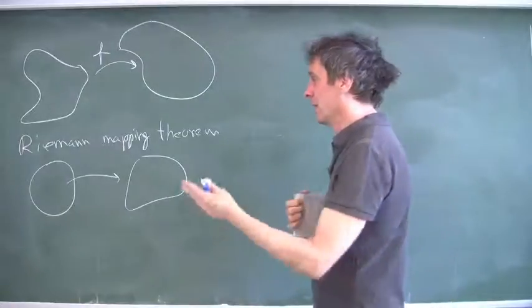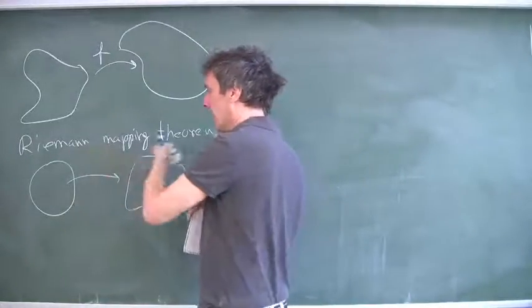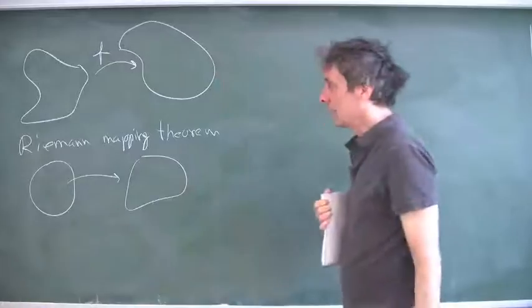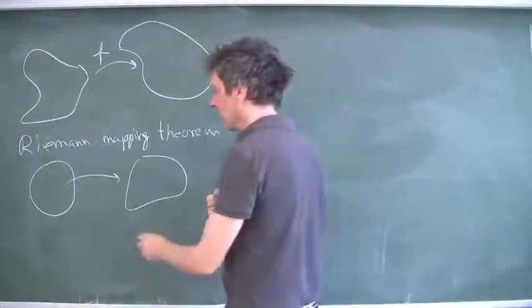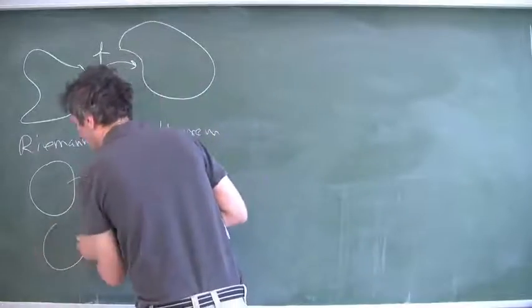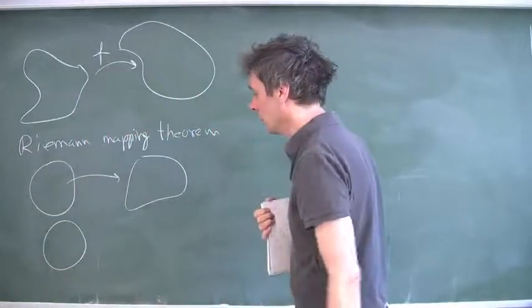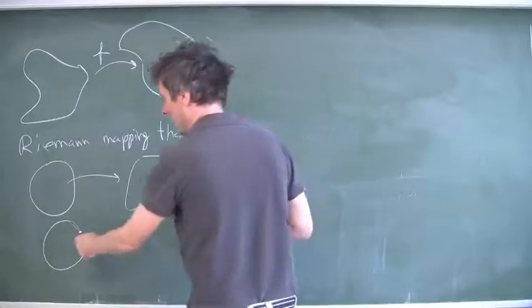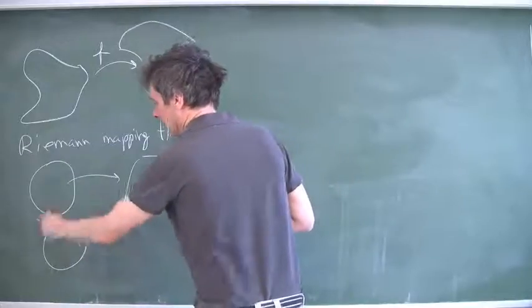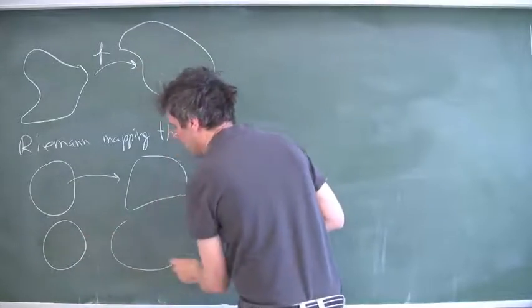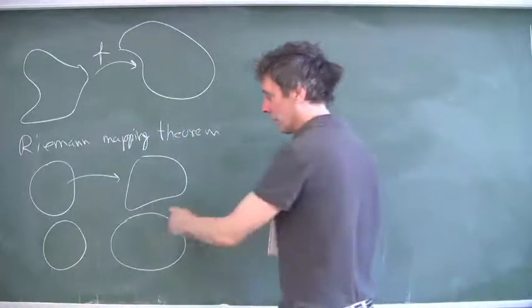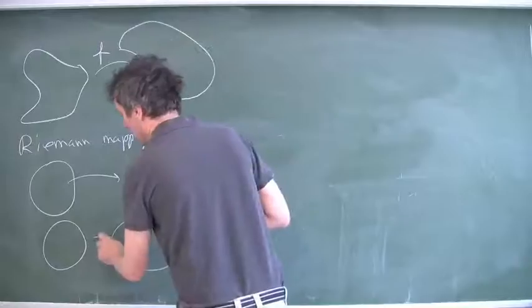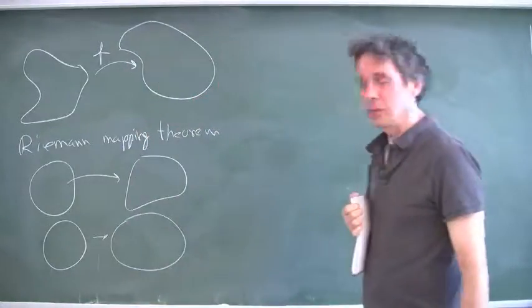However, even if we know in theory that such a map exists, it can be quite difficult to find it. For example, even if you take what you could think would be a simple problem of mapping the unit disk onto the interior of an elliptic curve like this, that turns out to be very difficult.